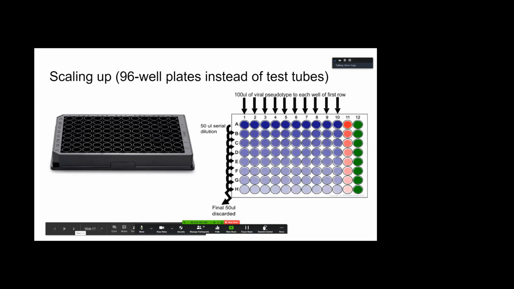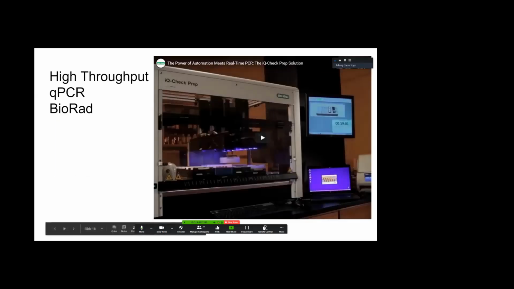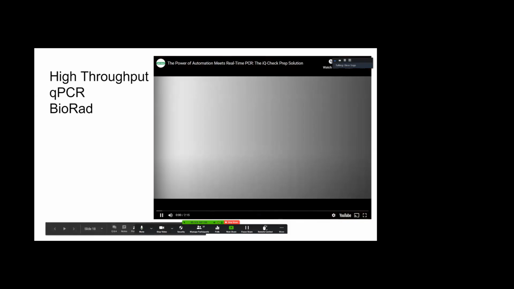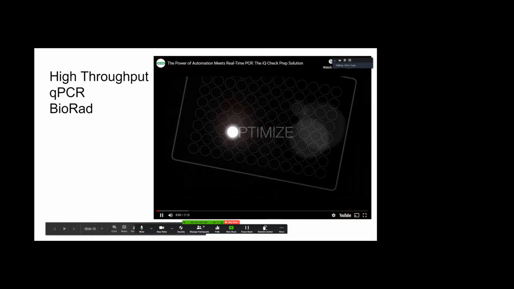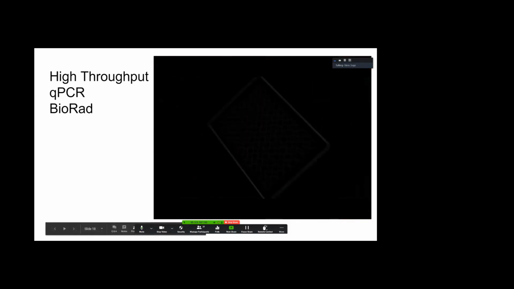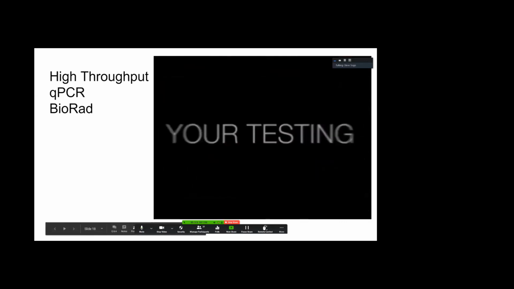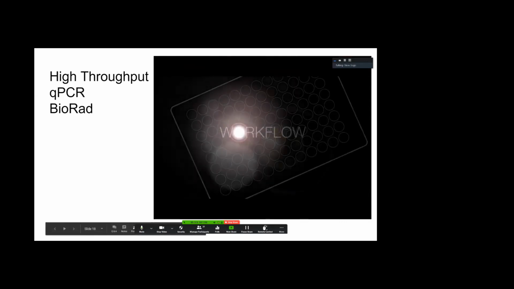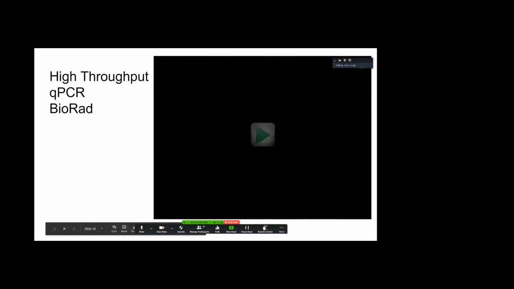So let me show you next the more modern way to do this, which is with a robot. I won't show the whole video here, but this is called high throughput qPCR. Bio-Rad is a big biotech company. Instead of one person pipetting one at a time, the robot can do everything all at once.